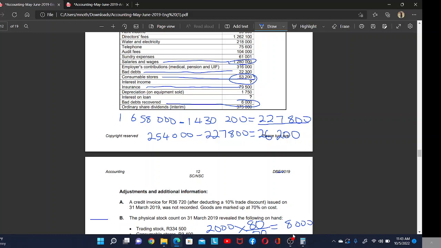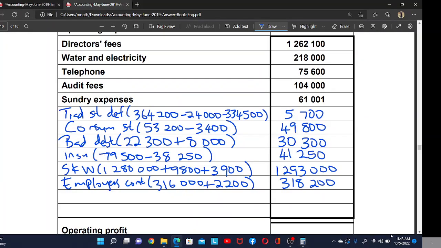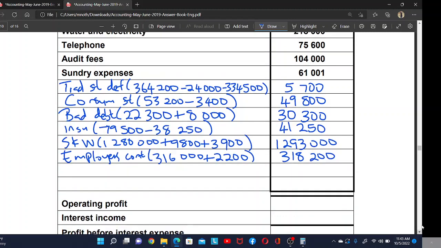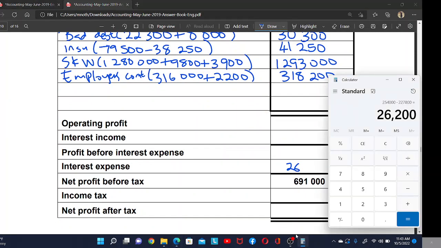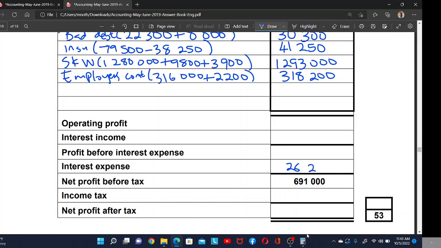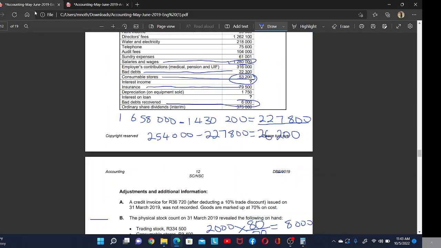So this is our interest on loan. It's 26,200. This is our interest on loan. Let's continue.